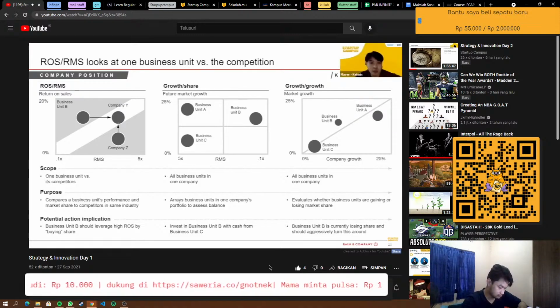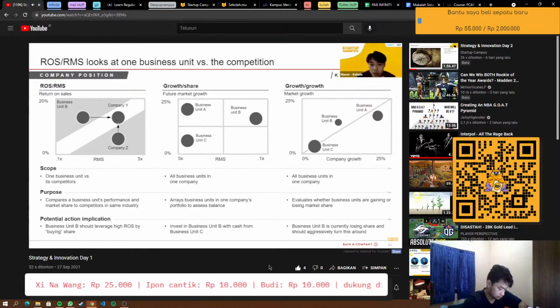I have a question. How do we position our business on this graph if the business we run is in an industry with many business units? For example, Maver is running a business in traveling, a kind of travel agency.